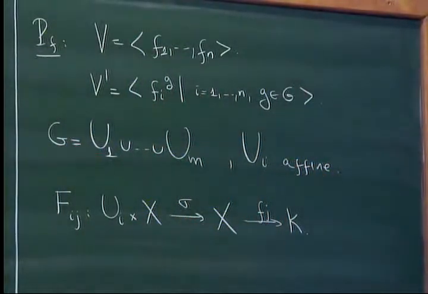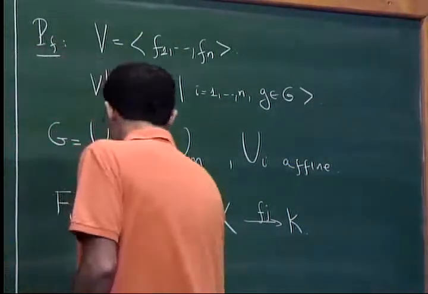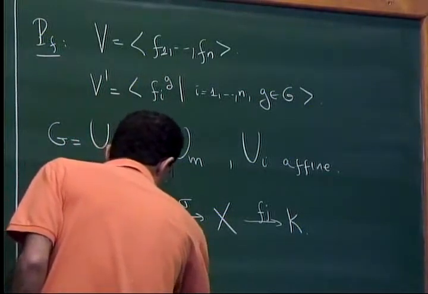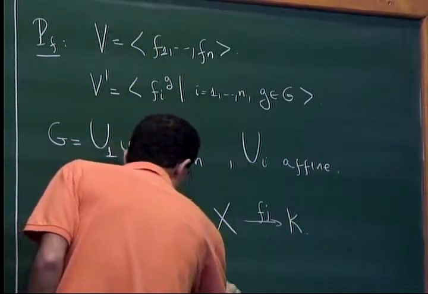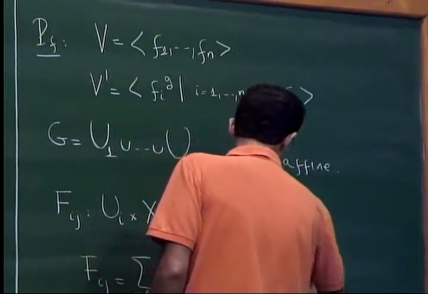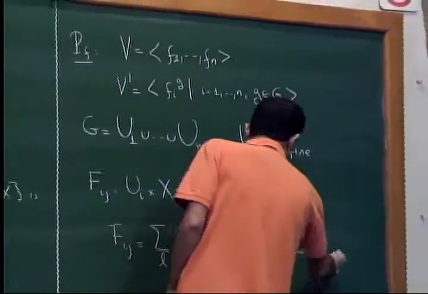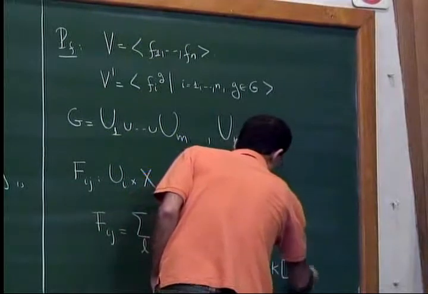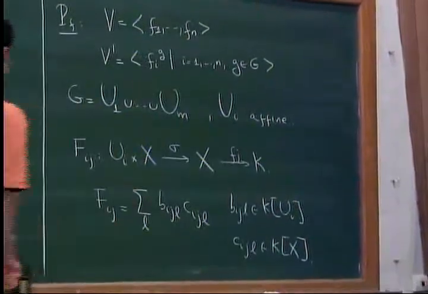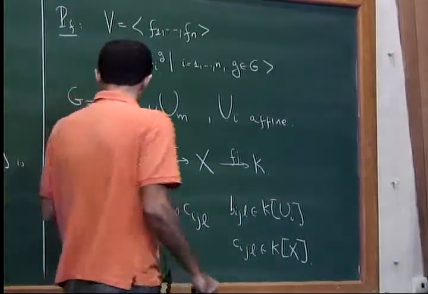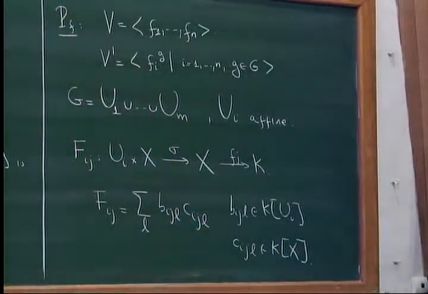Right? So you have a regular function there. And here you have a product of two affines. So that means that you can write Fij as the summation of Bijl Cijl, where these Bijl are regular functions on Ui, and the Cijl are regular functions on X.